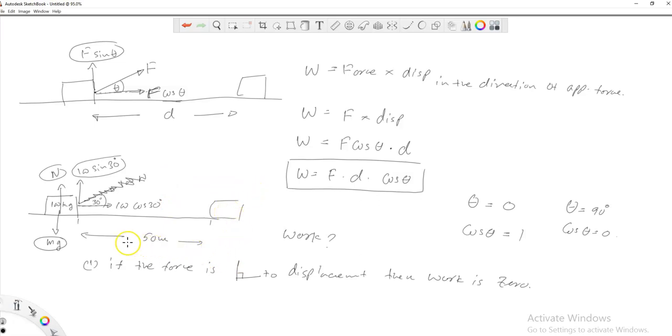So these forces mg, N, and that sine component, none of them are doing any work here. The only force that does some work is 100 cosine 30, because the object moved in that direction. So what is 100 cos 30? Let's take the calculator, type in the numbers.